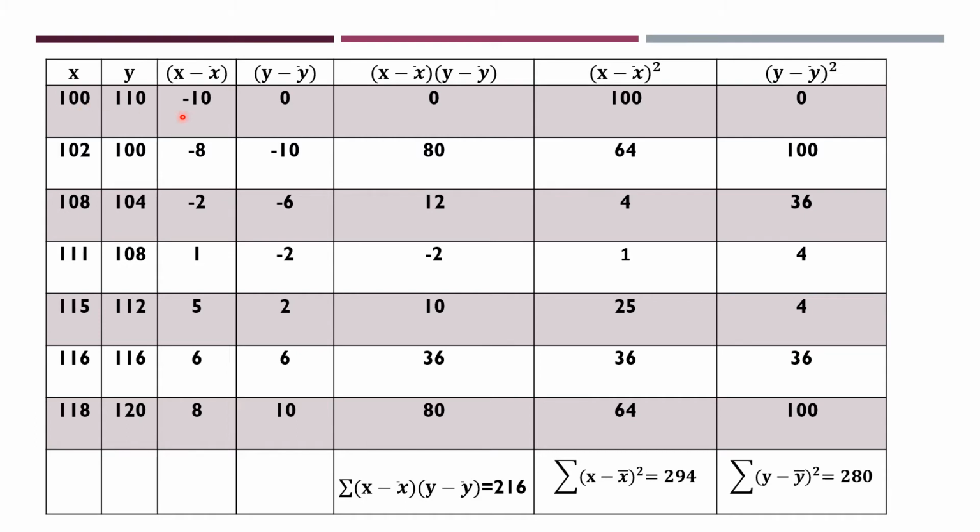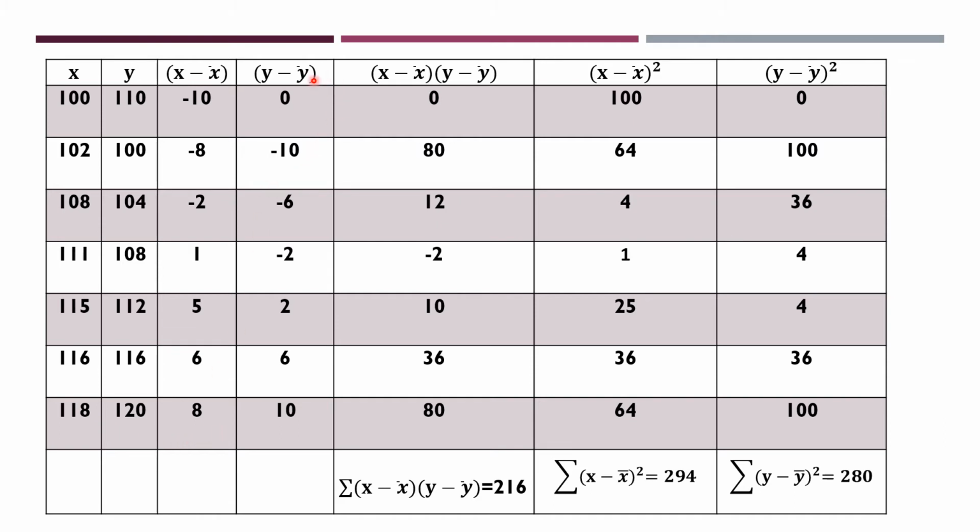100 minus 110, minus 10. 102 minus 110, minus 8. 108 minus 110, minus 2. 111 minus 110, 1. 115 minus 110, that's again 5. 116 minus 110, that is 6. 118 minus 110, 8.